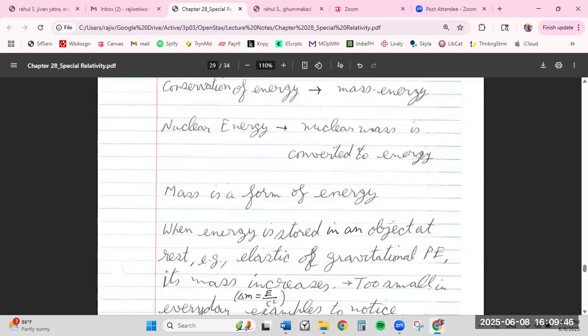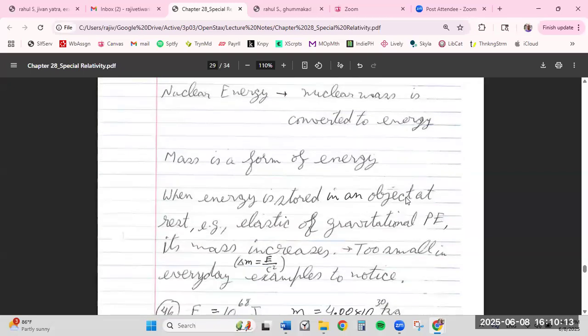And in nuclear reactions, some of the nuclear mass, some of the mass of the particles in the nucleus, is converted to energy, and that is what nuclear energy is. So when you create nuclear energy, there's a reduction in mass of the particles involved, and that reduction in mass shows up as energy. So you can think of mass as being a form of energy also.